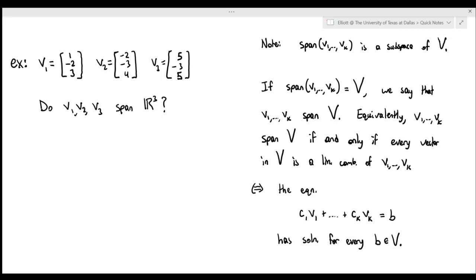In order to answer this question, we'll check this condition here. We want to take an arbitrary vector in R3. We want to try to express it as a linear combination of V1 through Vk, and then see if we're able to find a solution to this equation no matter what B is.